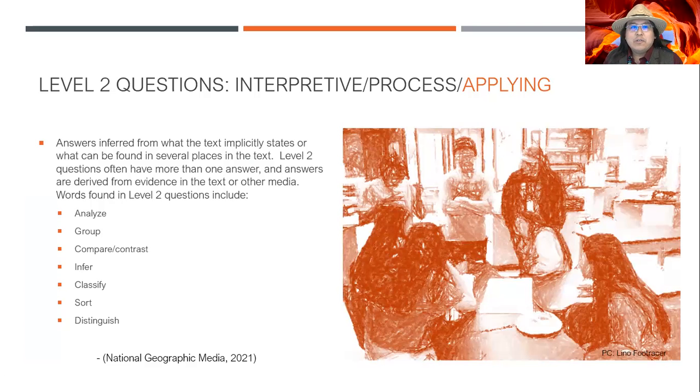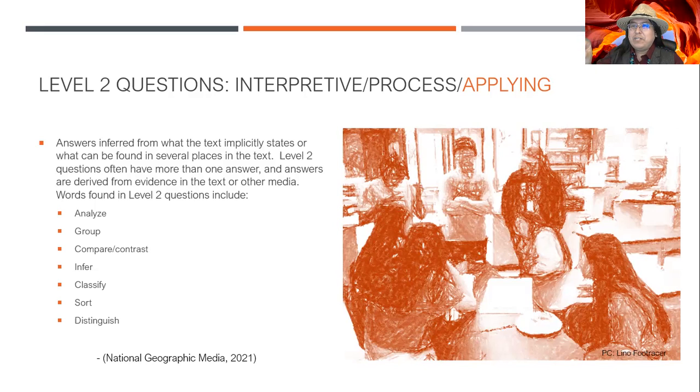All right, so level 2, this is kind of like the main level of the house here. These types of questions are interpretive. They're about process and applying knowledge. Answers are inferred from what the text implicitly states or can be found in several places in the text. So level 1 is just verbatim.